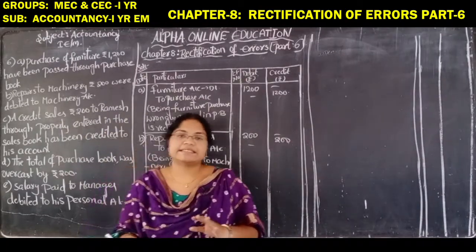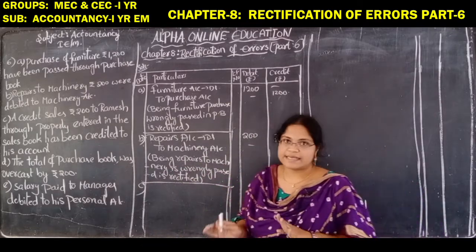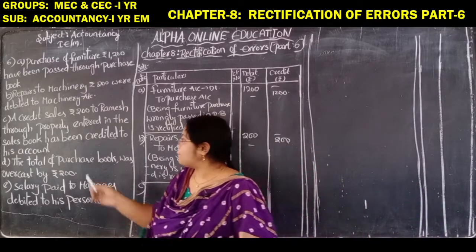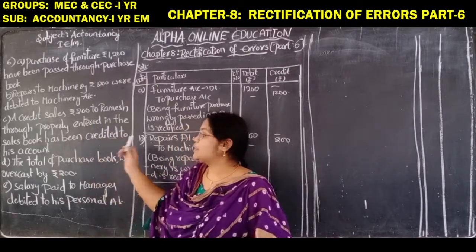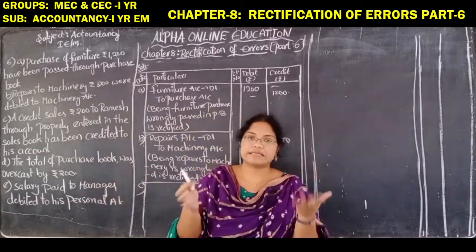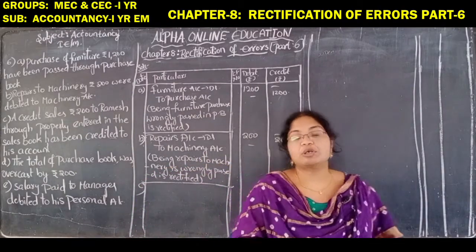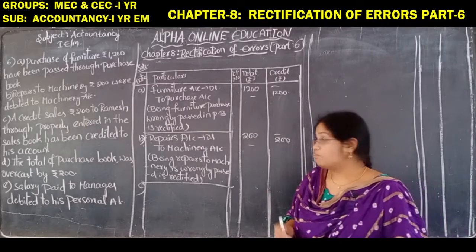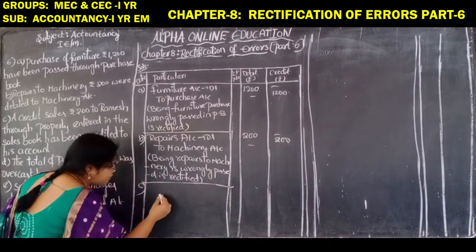So credit sales to Ramesh. What will be the entry? Ramesh account debit to sales account. This is the original entry. Probably, entered in the sales book, it has been credited to his account. It means they credited the Ramesh account with 200.